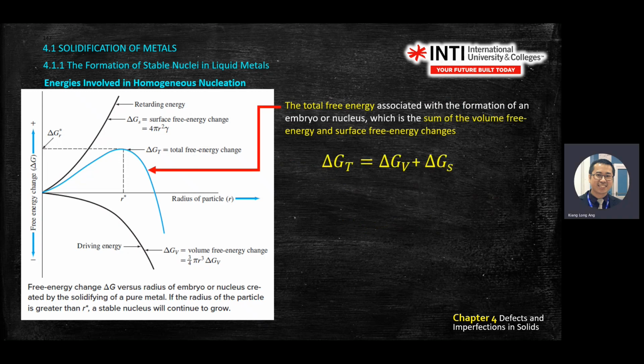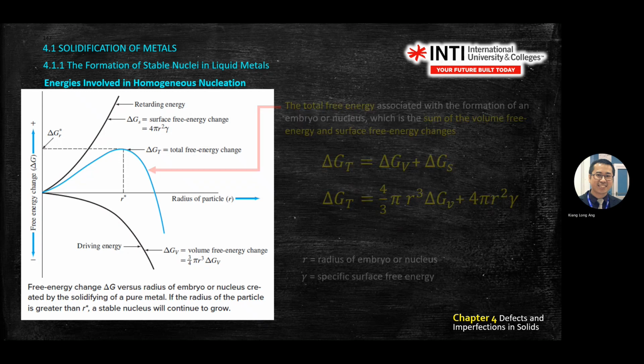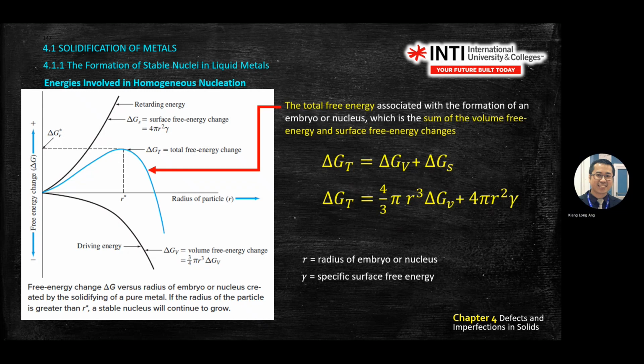Whereas total energy is the combination of the volume free energy and the surface energy. So you combine the two equations. This is the first equation for today: the free energy to form your nucleus.